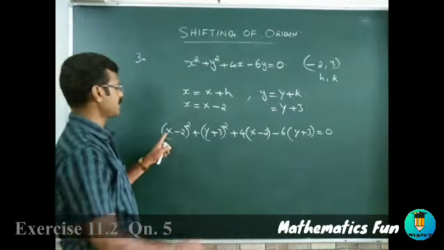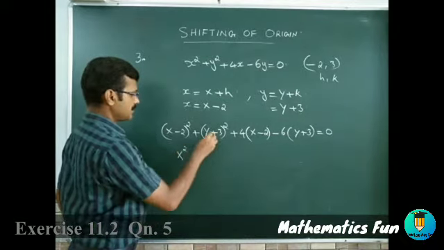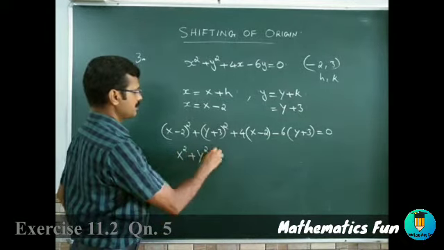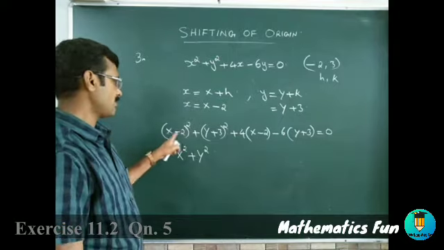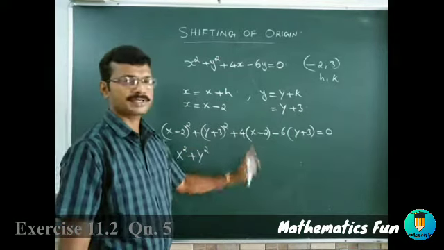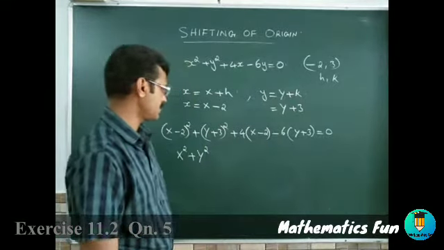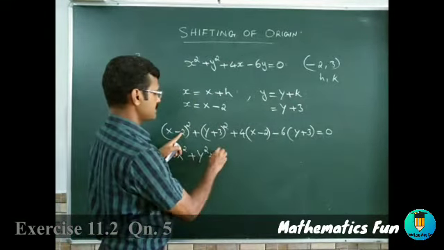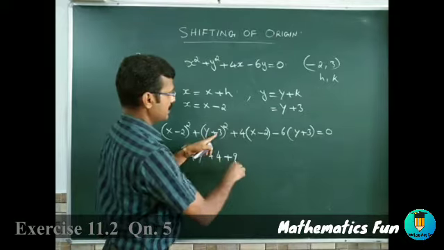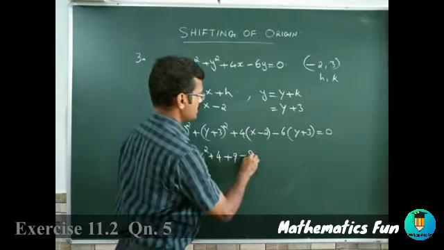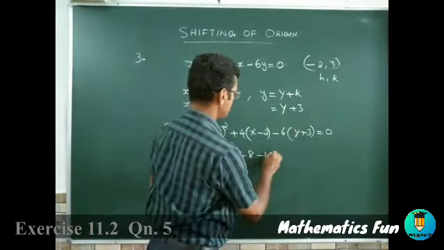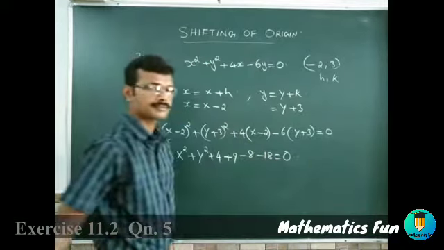I am expanding directly. This becomes x square, here it will be y square. Here minus 4x plus 4x cancelled. 6y minus 6y cancelled. Then here constant terms 4, 9, minus 8, minus 18 is equal to 0.